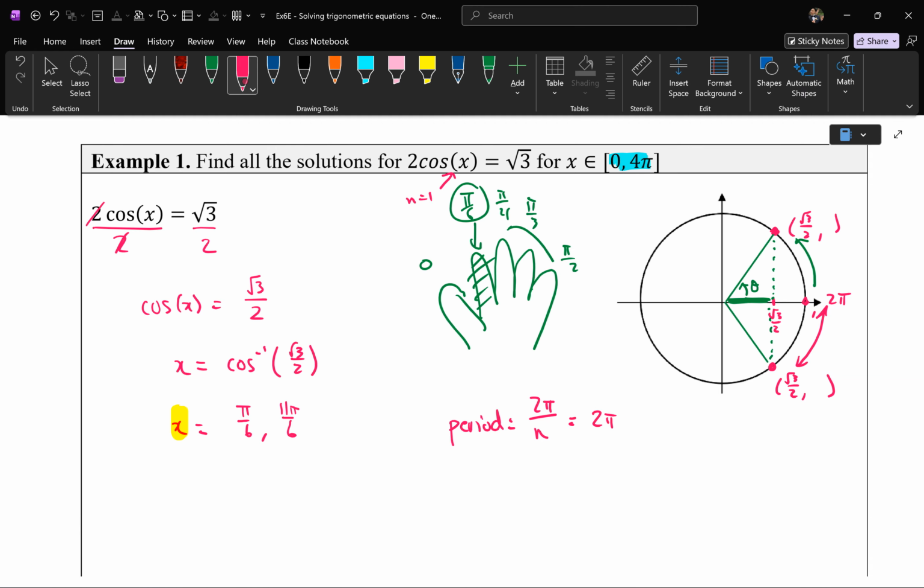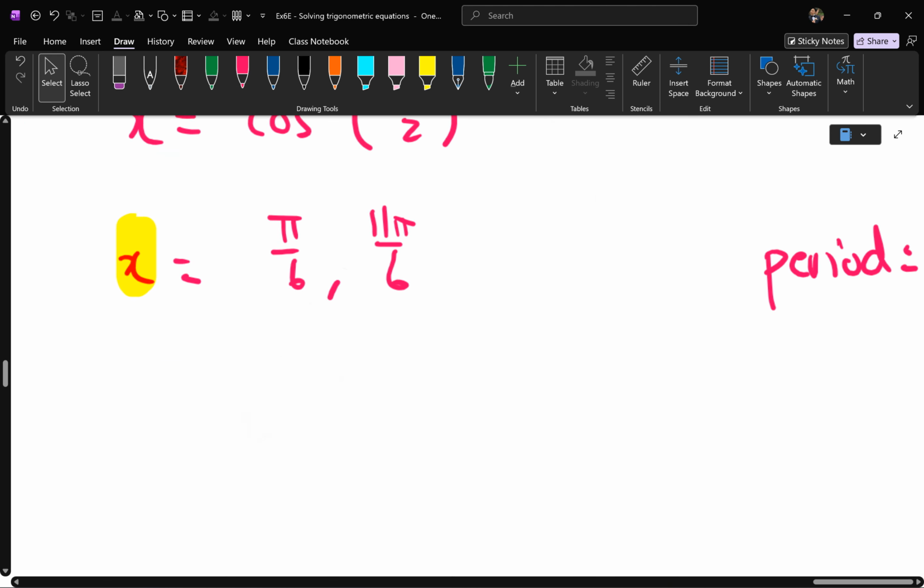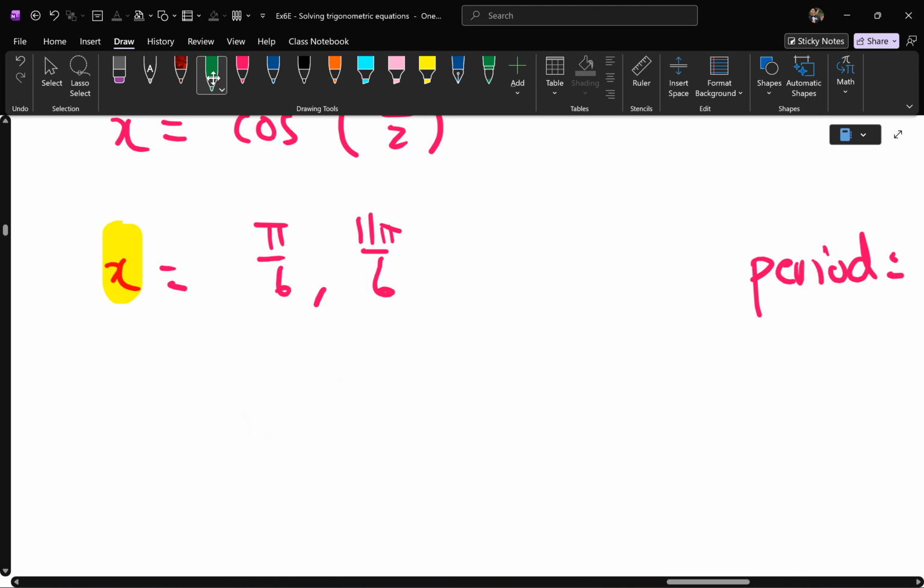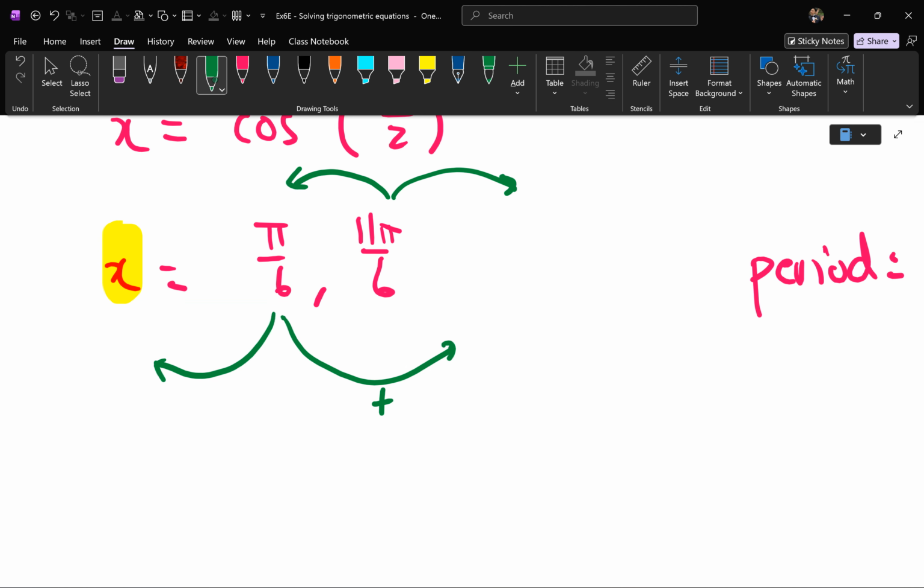So really, your period is still 2 pi. Hasn't changed. So that means if you want to find your next two solutions, you literally add or subtract both of these solutions by your period, which is 2 pi. Add or subtract by 2 pi.